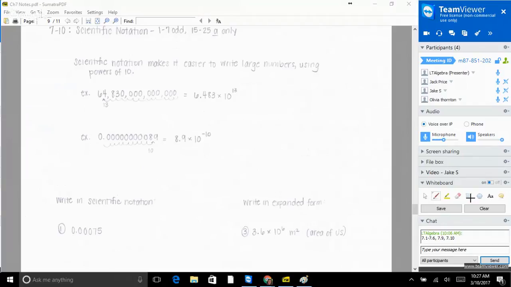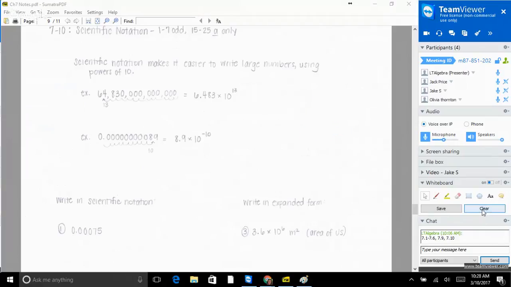It's all based off of tens. A long time ago when you were learning math, I'm sure you learned you've got your tens and your hundreds and your thousands and 10,000s. We're using that to simplify numbers, and that helps us compare numbers.